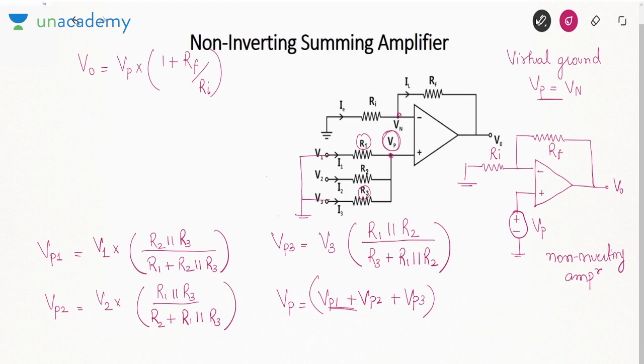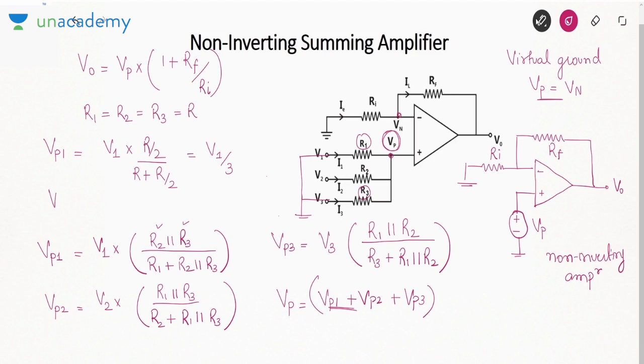This is RI. Now suppose I take R1 equal to R2 equal to R3, all are R. In that case, what should be the parallel combination of equal resistances? R by 2. So VP1 will be V1 into R by 2 by R plus R by 2, so that is V1 by 3.